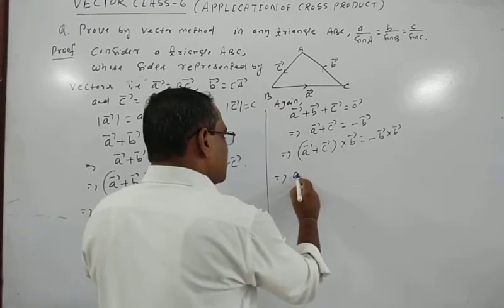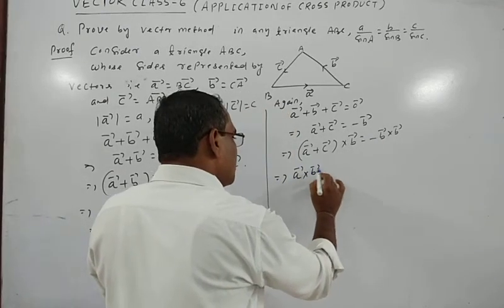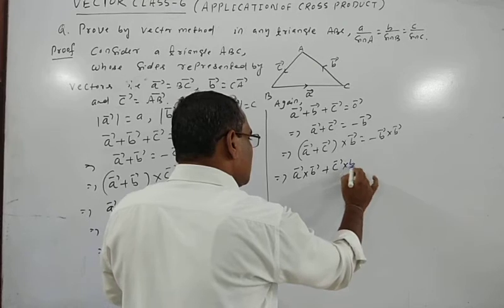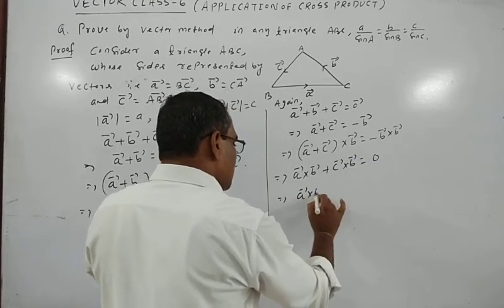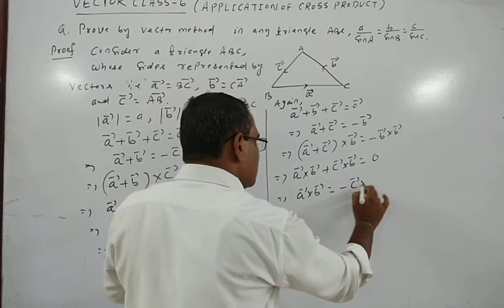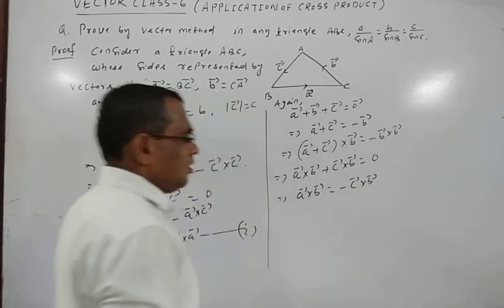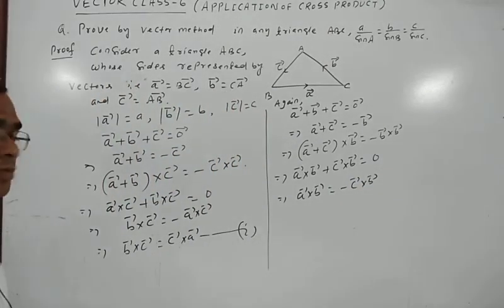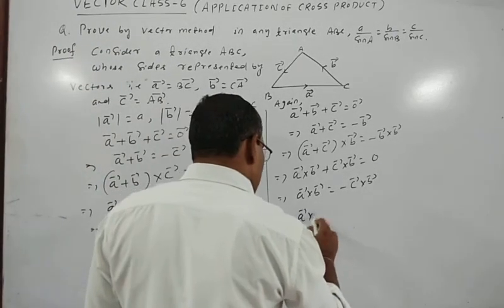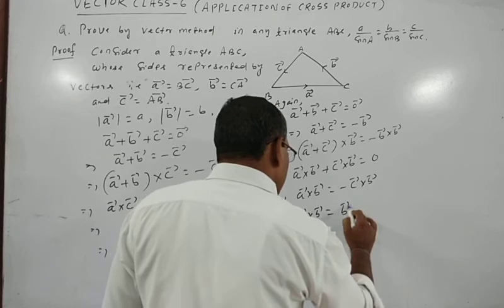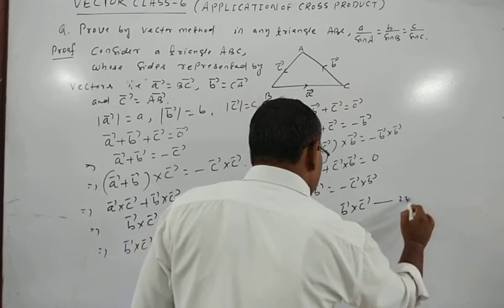That implies a vector cross b vector plus c vector cross b vector is equal to 0. That implies a vector cross b vector is equal to minus c vector cross b vector. But minus c cross b is equal to b cross c. So a vector cross b vector is equal to b vector cross c vector. Let it be equation 2.